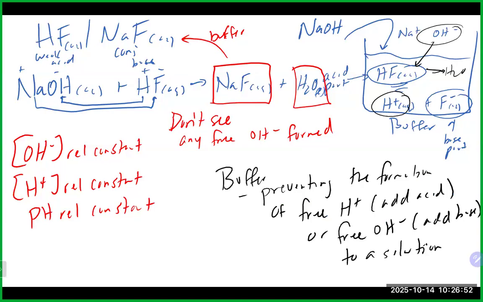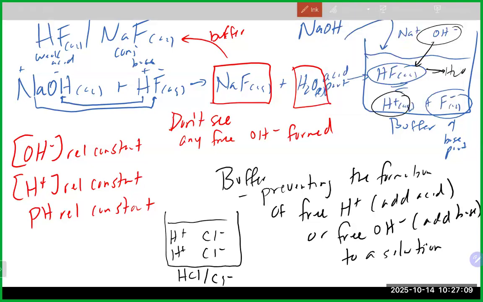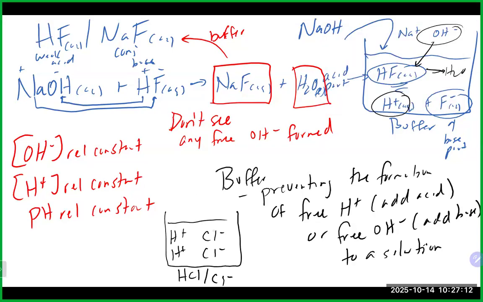This is also why, as I mentioned earlier, if you were trying to make your hydrochloric acid chloride buffer work, as we talked about, you basically have H plus and Cl minus in there to begin with. So if you were thinking this was going to work as a buffer, you only really have the base part.